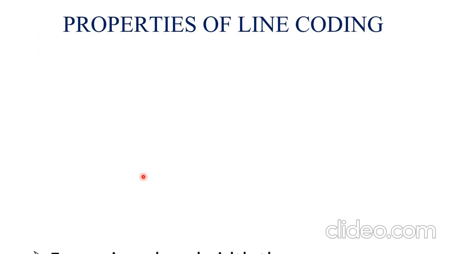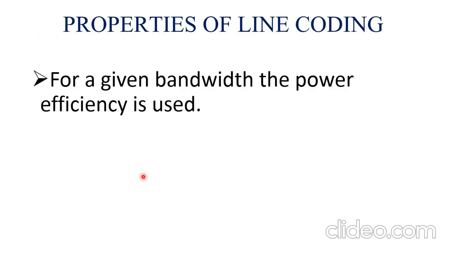Now see the second property. For a given bandwidth, the power efficiency is used. So the power efficiency should be as high as possible, which means the line coding technique requires the least power to propagate towards the largest distance.